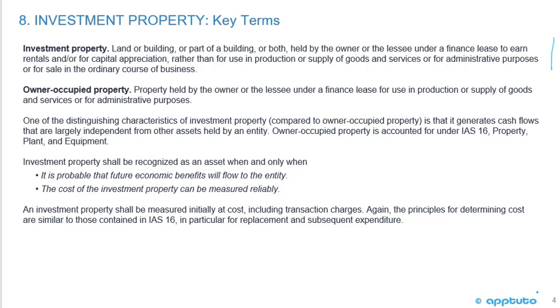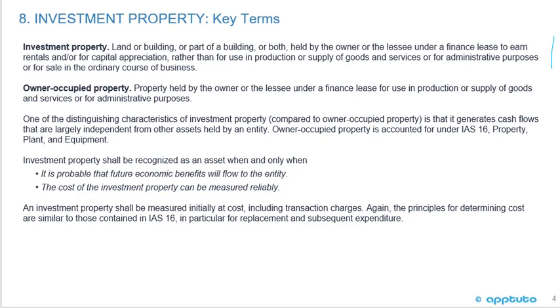Owner-occupied property is property held by the owner or the lessee under a finance lease for use in production or supply of goods and services or for administrative purposes. One of the distinguishing characteristics of investment property compared to owner-occupied property is that it generates cash flows that are largely independent from other assets held by an entity. Owner-occupied property is accounted for under IAS 16, property, plant, and equipment.